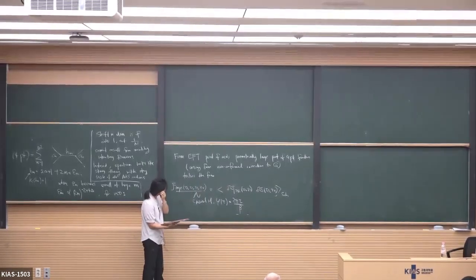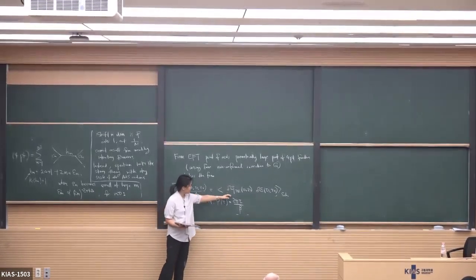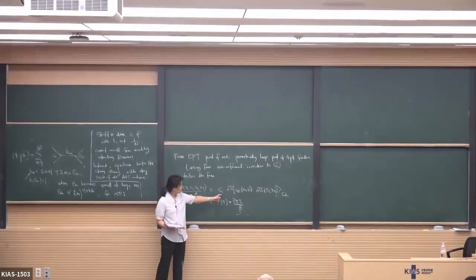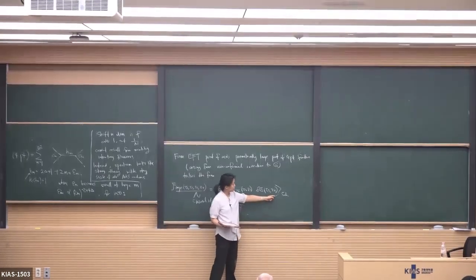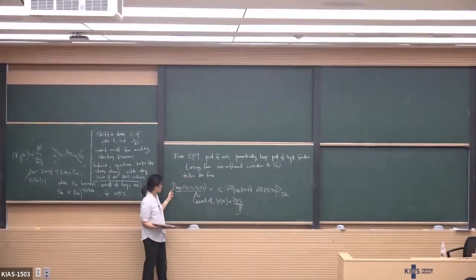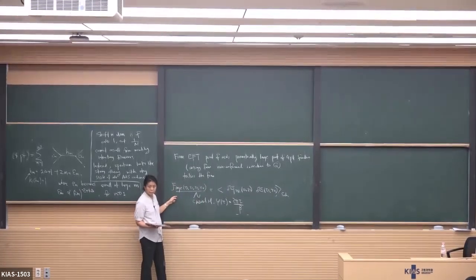So if we derive the propagator for these phi's from the Schwarzian and compute this correlator using the propagator, we'll get this parametrically large term, which goes like beta J over N.